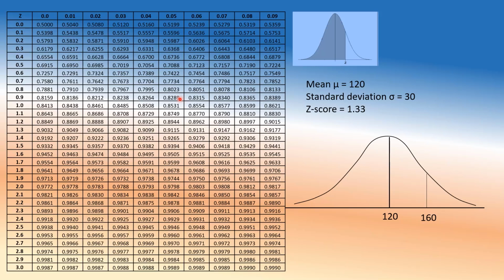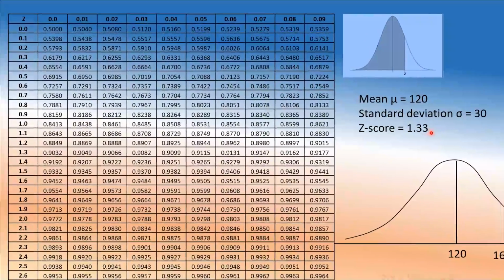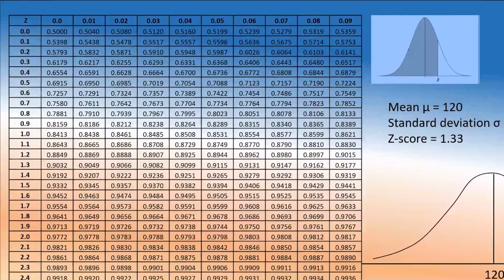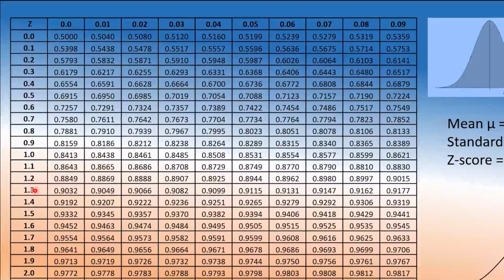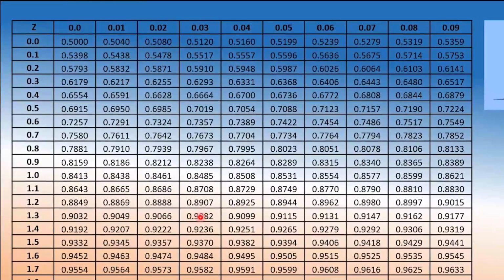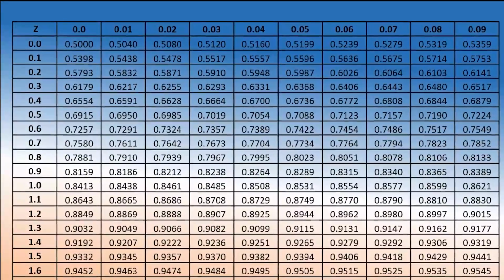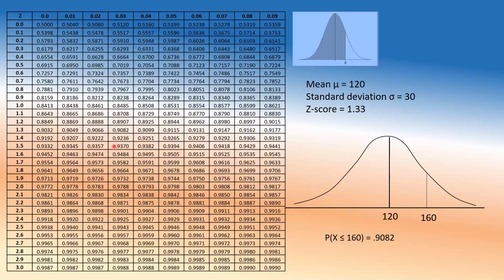This is it. So now we want to find the area for z-score 1.33, like from the last slide. Well, less than or equal to 160 is 0.9082. Z of 1.33 gives 0.9082. So this is 0.9082 from there all the way to this side here, from the table directly.